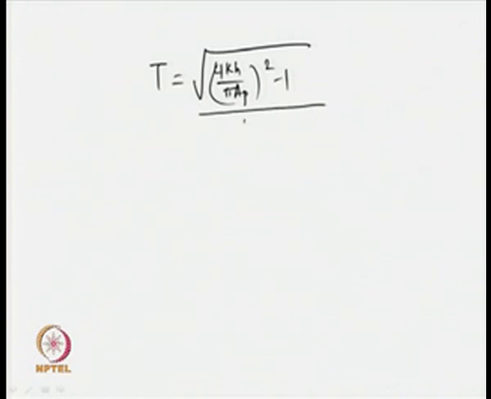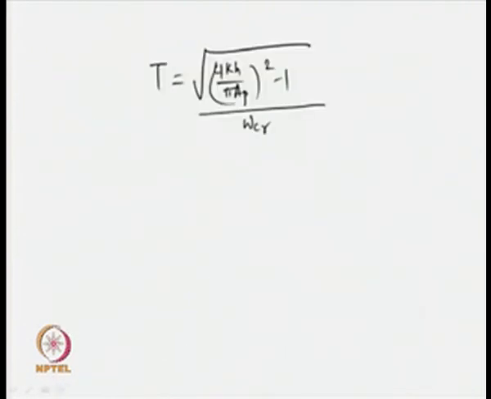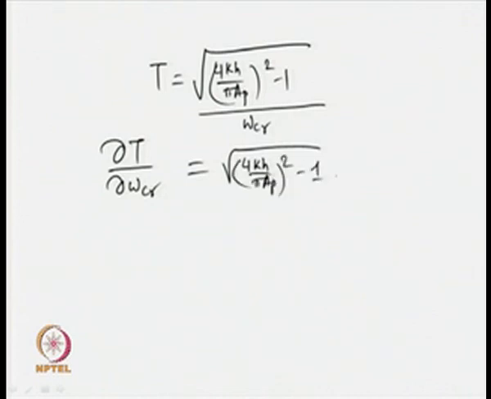Now, since again t is equal to root of (4 k h by pi A p) square minus 1, upon omega c r, then the second partial differentiation is with respect to omega c r. So, del t upon del omega c r will be simply root of (4 k h upon pi A p) square minus 1 into minus 1 divided by omega c r square.